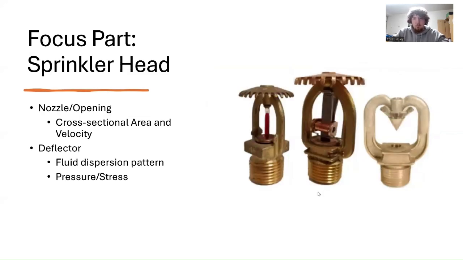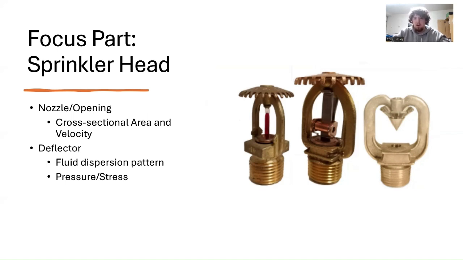The part that we wanted to focus the most on, because it's the determining factor for how water is spread from the sprinkler system, is the sprinkler head. Within the sprinkler head is the nozzle, or the opening of the head where the water comes out.